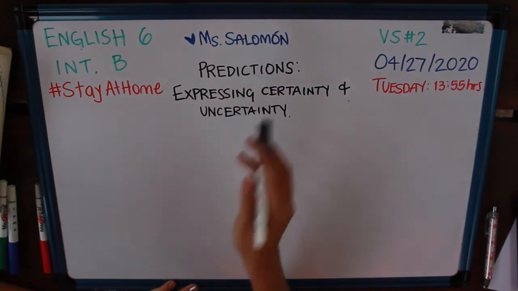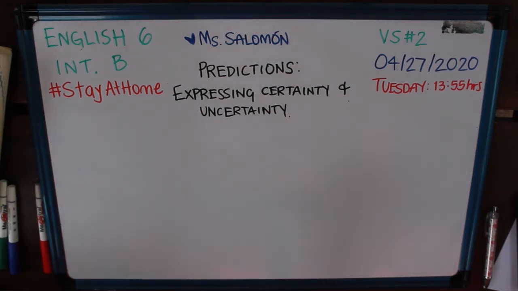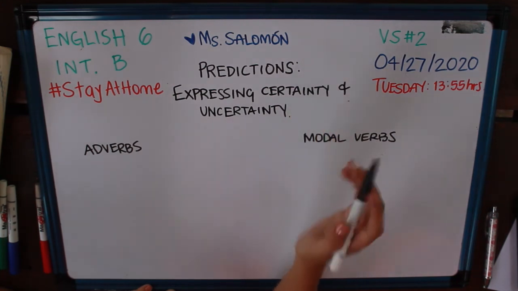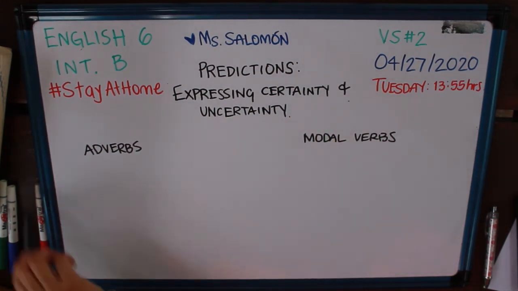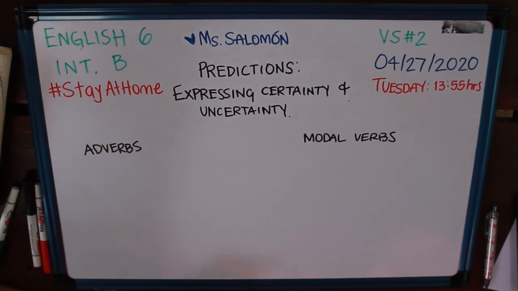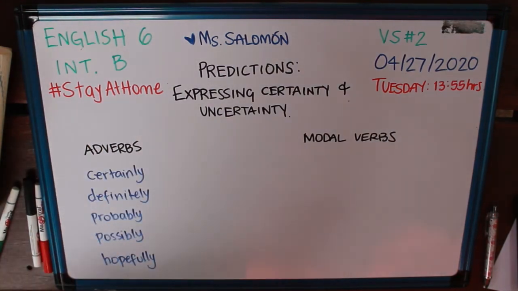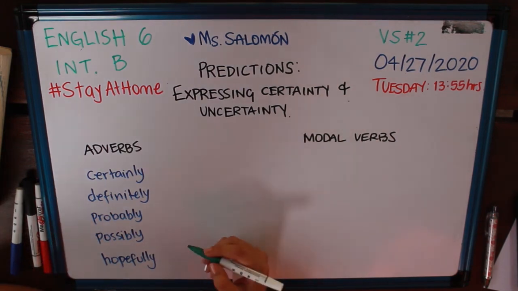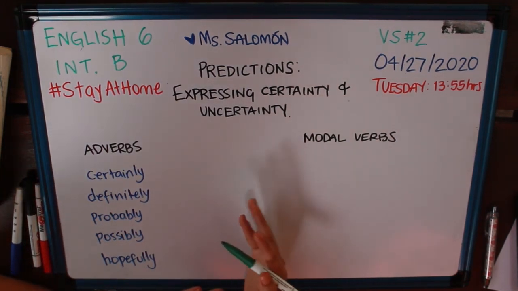So, let's talk about predictions in a nutshell. We could use adverbs and modal verbs to express certainty or uncertainty. We focused on 5 adverbs. We talked about these 5 different adverbs and we said that each one of them expresses a different degree of certainty.